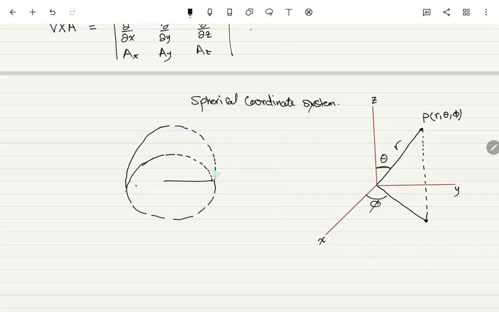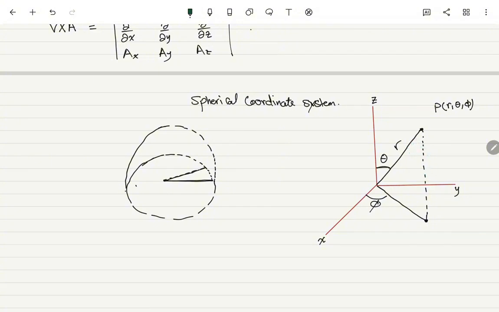You move this one, which is theta in this case. So drawing a sphere, you need r, phi, and theta. Back to this figure here.